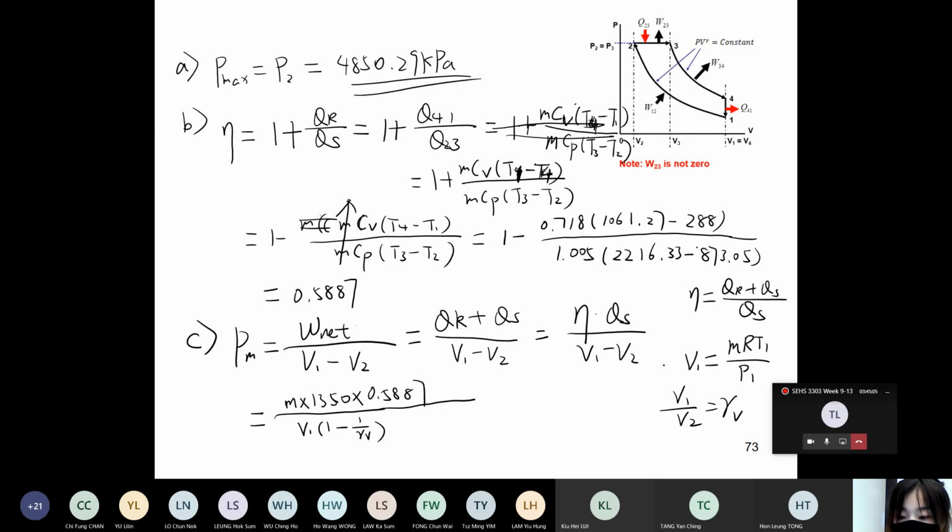We plug this definition into the equation, and what we have is M R T1 over P1.